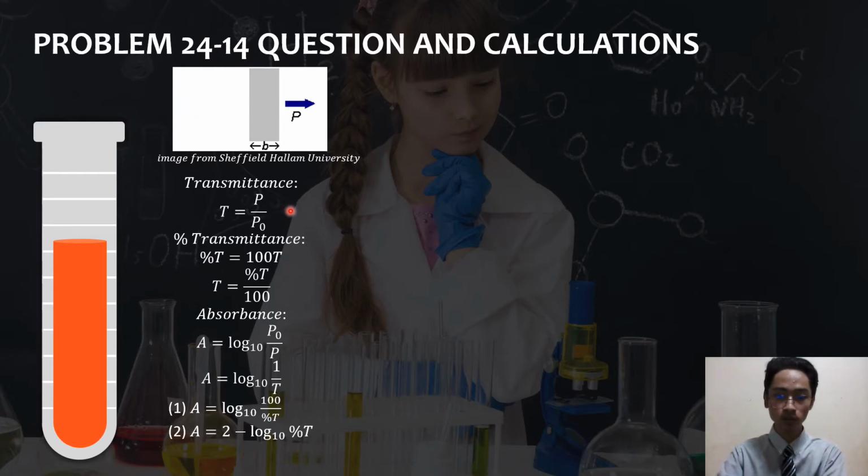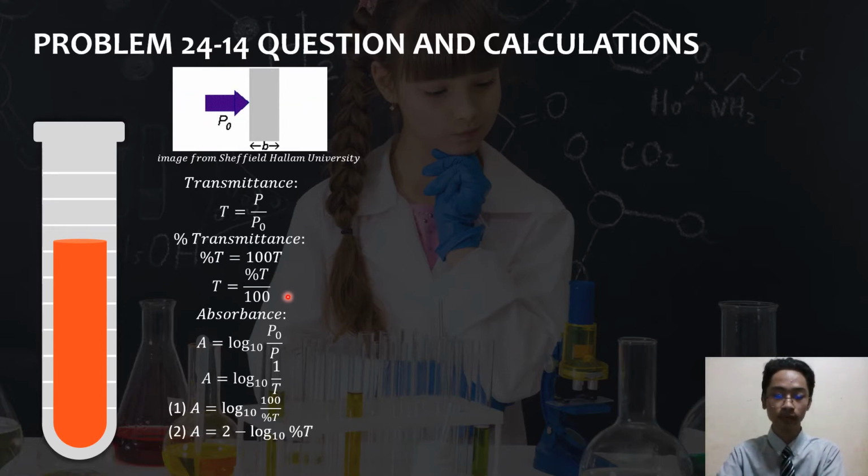And since it is the reciprocal, we can substitute the reciprocal of T. Substituting the reciprocal, we get A is equal to log of 1 over T. This 1 over T is the reciprocal of T, which is percent T over 100.